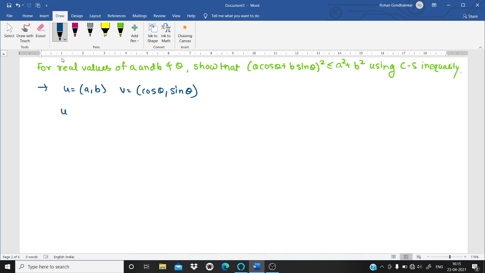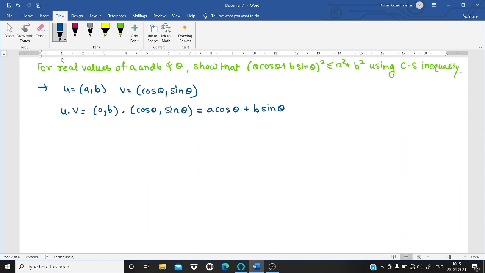Clear? So u dot v is equal to (a, b) dot product with (cos theta, sin theta), and the dot product gives me a cos theta plus b sin theta.